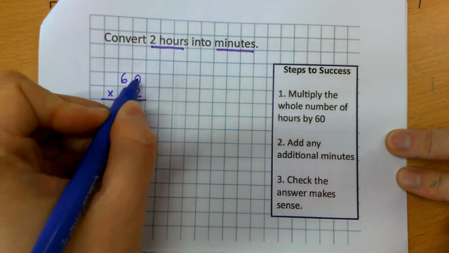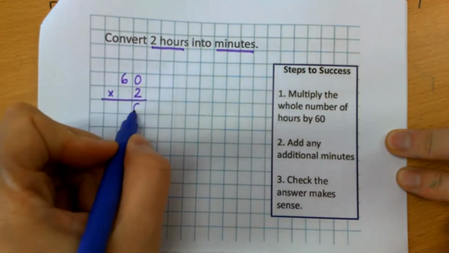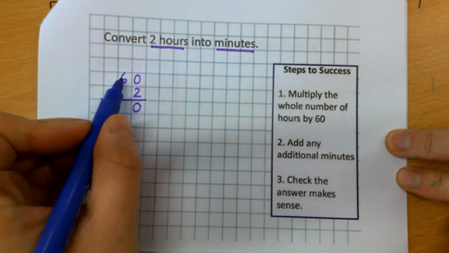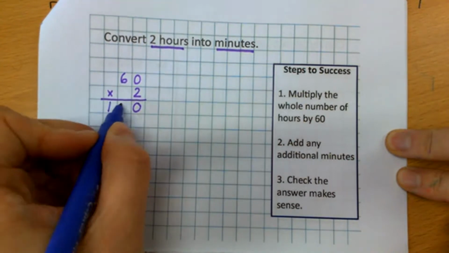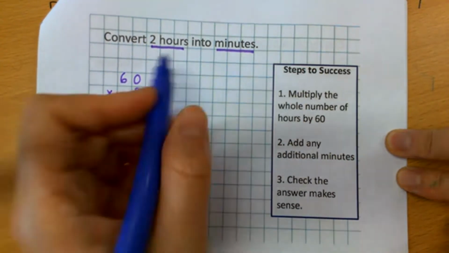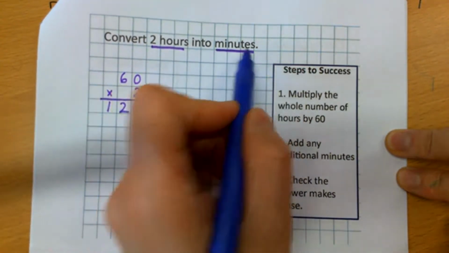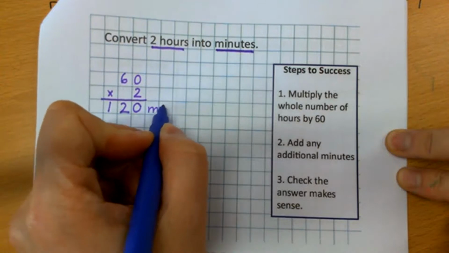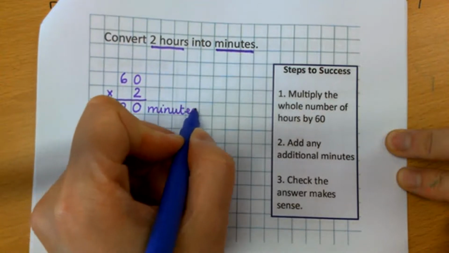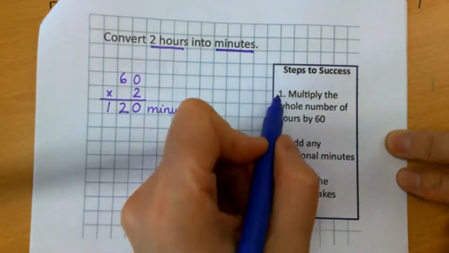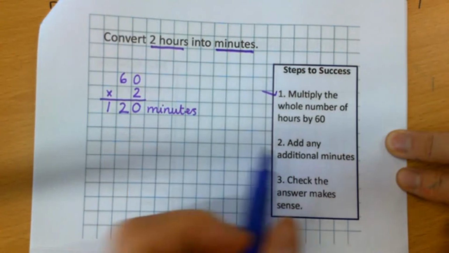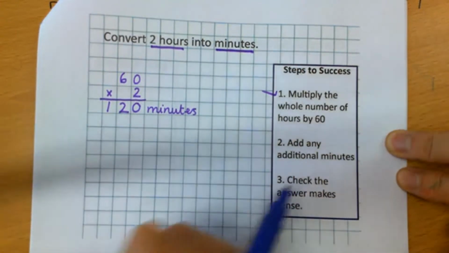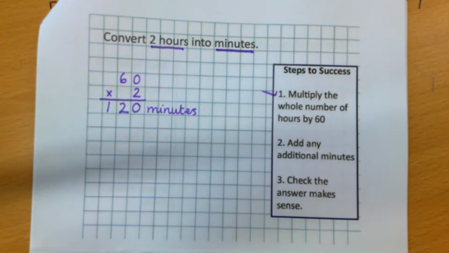So 2 times 0 equals 0. 2 times 6 equals 12. And then we need to remember our unit of measurement. So this is minutes. Our next step is to add any additional minutes, but we don't have any more minutes, and check that the answer makes sense.